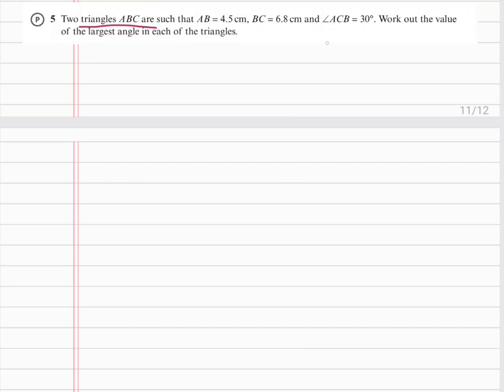First of all, let's draw a triangle here, and this is one of the triangles. Let's label this as ABC like this.